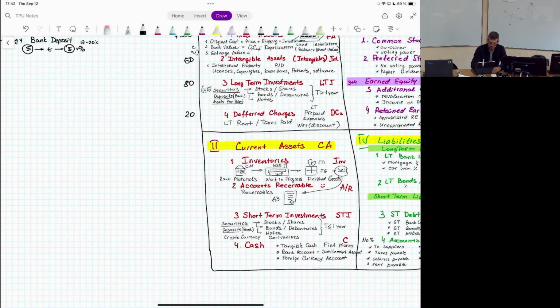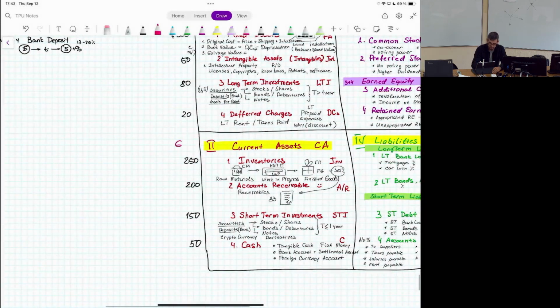Now let's do the same for the current assets. Inventories are 250. Accounts receivable are 200. Short-term investments are 150. And cash is 50. Tell me how much are the current assets? 650.